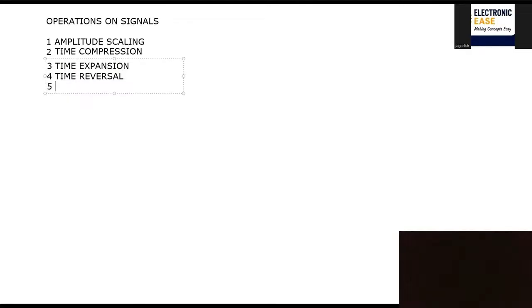Addition, subtraction. These are the operations on signals. So this you have to write if they ask you to write down the operations on signals part.